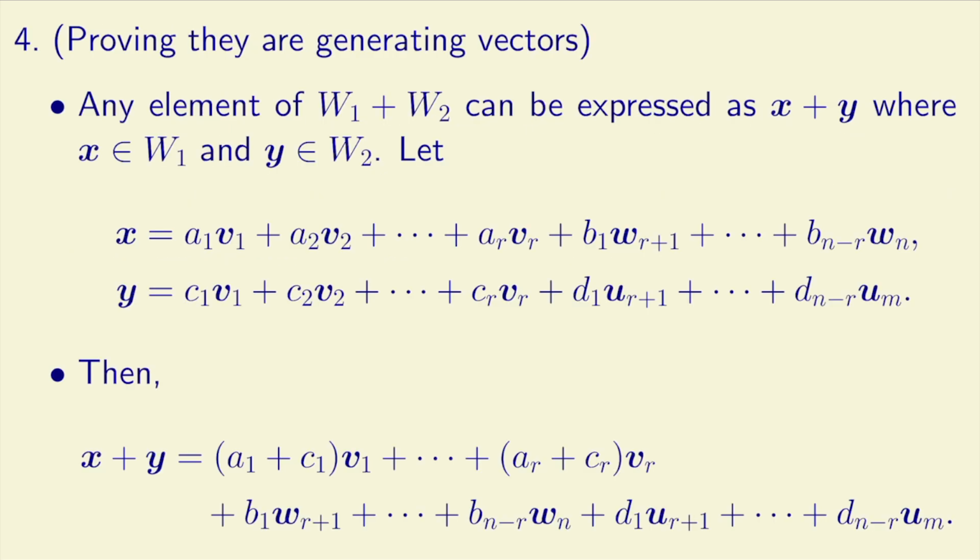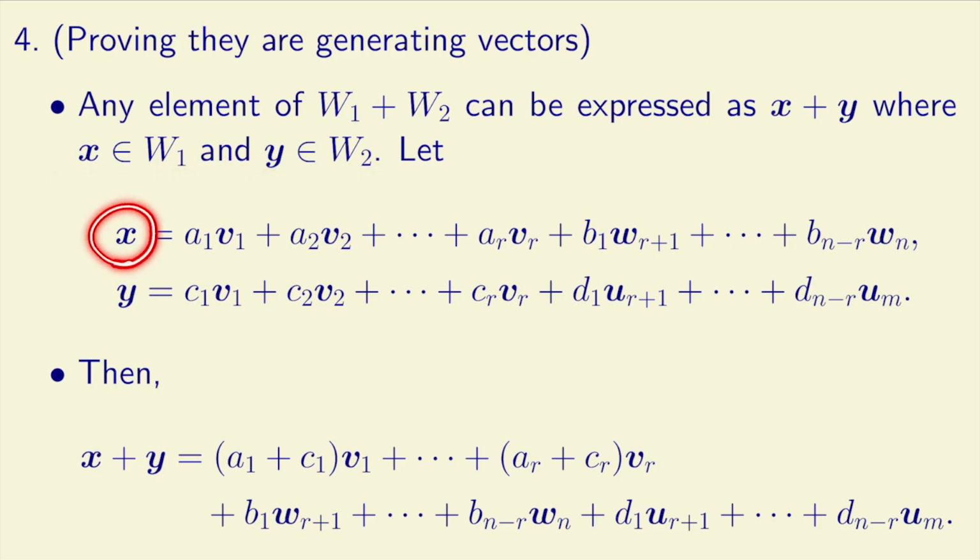And step 4 is to prove that B total is a generating set of vectors for W1 plus W2. Now, any element of this sum can be expressed as a sum of two vectors, x plus y, let's say, where x belongs to W1 and y belongs to W2.